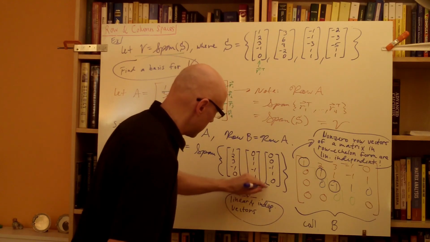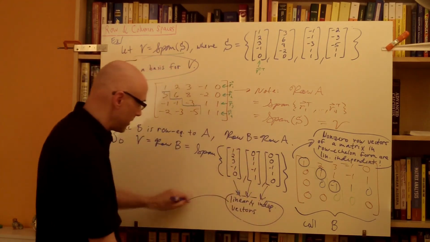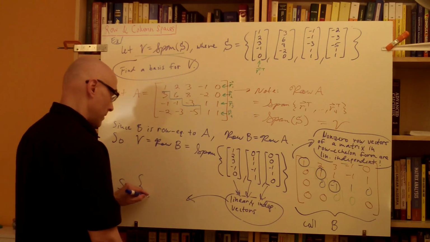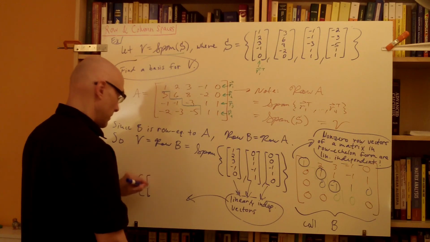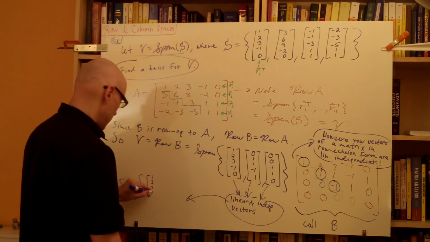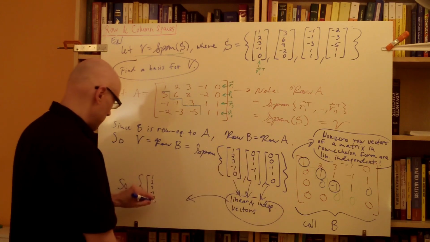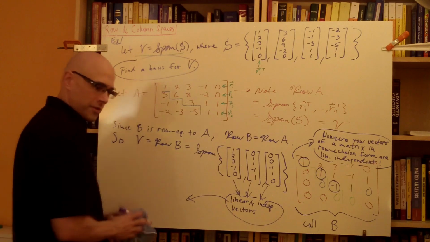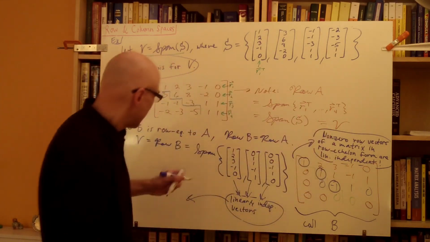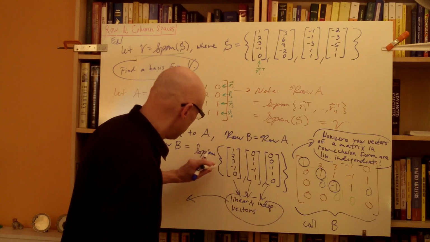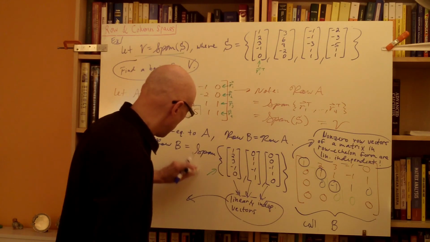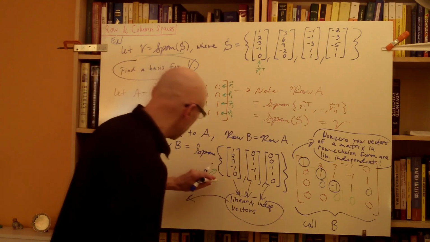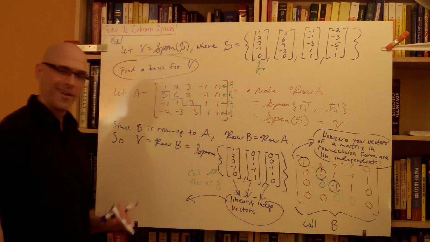Maybe I should point these arrows the other way and say, all right, so these guys are linearly independent. This set here with these three vectors, let's just call this set, well, we can't say S because we've already got S. Let's call it B. Okay.